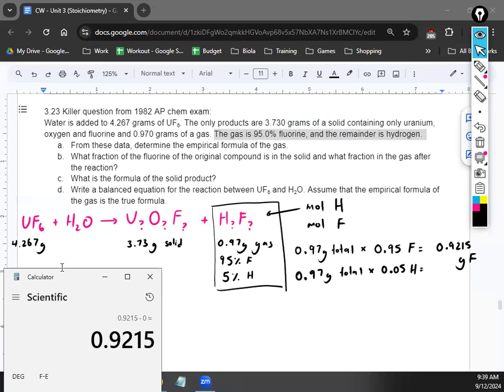You can just do 0.97 minus 0.9215, and that'll give you the same answer. Your hydrogen is 0.0485 grams. So you can do it either way. You can do the equation to find the 5%, or you can just subtract the fluorine from the total. Either way, you're going to get about the same number.